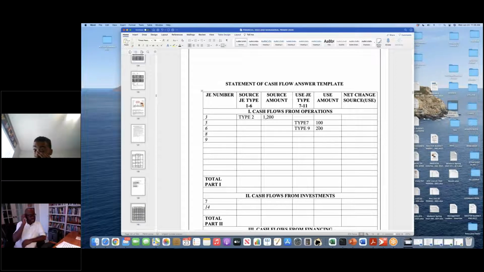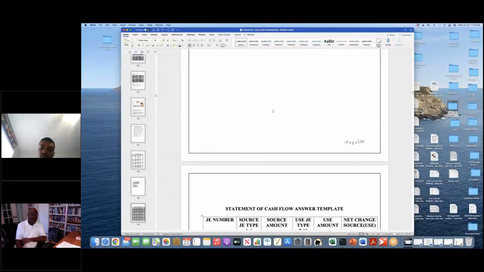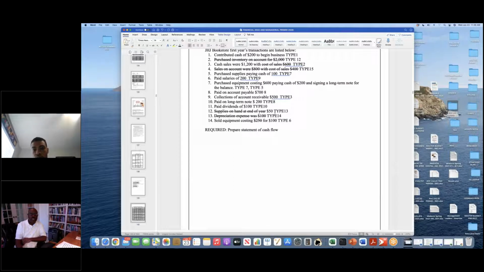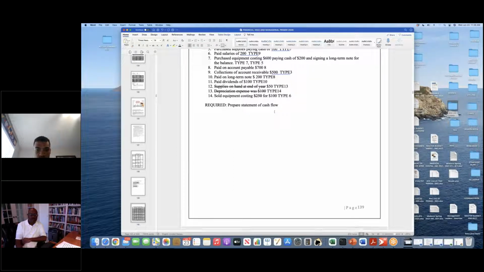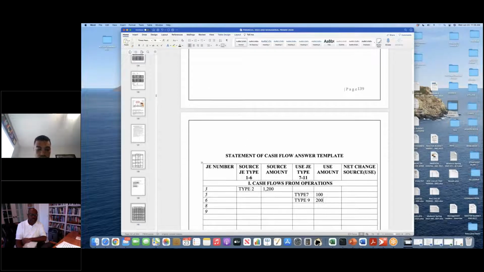So we're going through each transaction, determining if it is 1 through 6 for a source, 7 through 11 for a use, and we're determining whether it's in operations, which is the main activities of the company. This is how the company generates its salary. It buys items and it sells them. Pays expenses, and that's type 9. That's number 6.